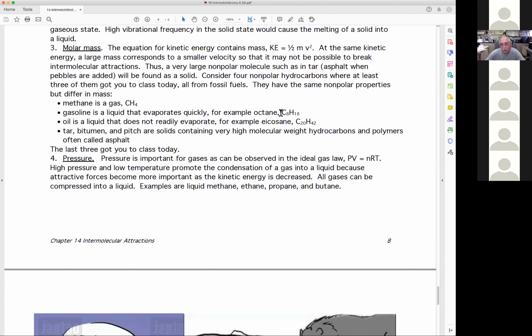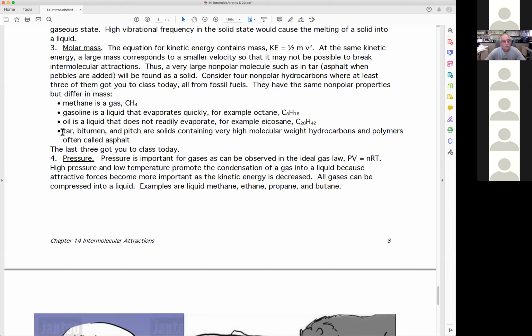For example, octane, 8 carbons in a row. So this is much heavier than this, right? London's forces are the only attractive force. And oil is a liquid that does not readily evaporate. For example, eicosane. Again, quite a bit heavier than gasoline, way heavier than methane.